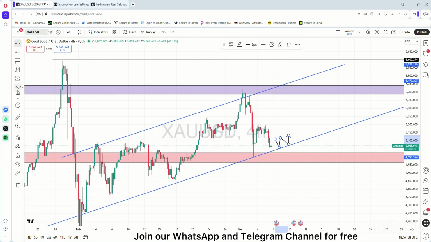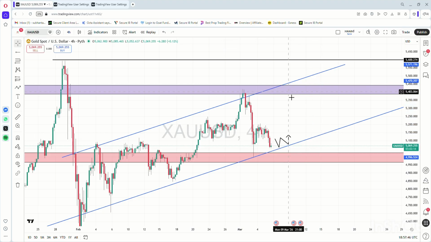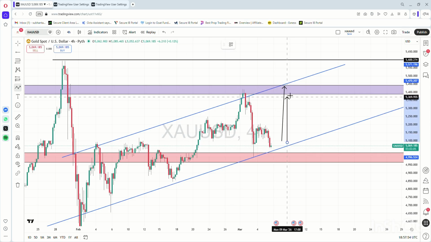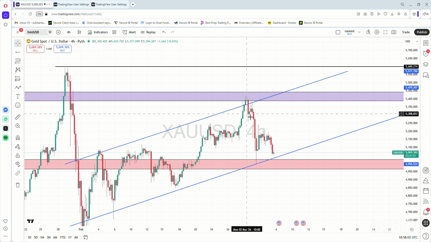Once the market takes a strong move on this trend line, on this red zone, we are in the buying direction. The target one will be this high, this purple area. If the market somehow breaks the structure in the upside direction, then we will have a new target 5604. If somehow the market breaks the structure, then we will apply a Fibonacci retracement tool to identify its next areas.